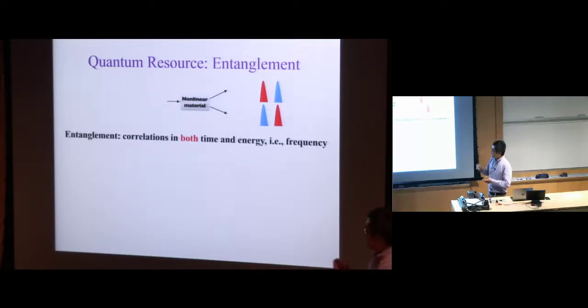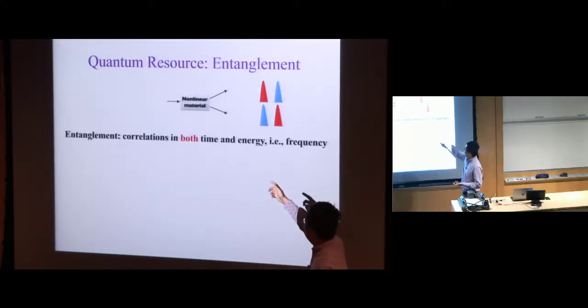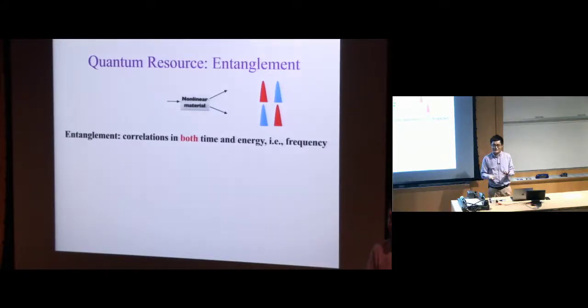So if two photons are anti-correlated in energy, they are also anti-correlated in their frequency. So in this process, there are two different correlations here. A pair of photons are correlated in their emission time and anti-correlated in their frequency.